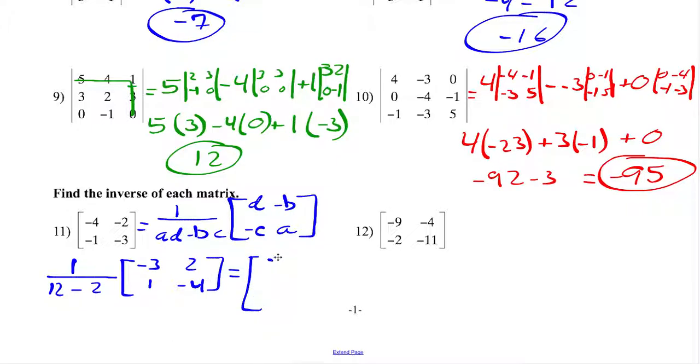So I get negative 3 tenths, 2 tenths, which is 1/5, 1 tenth, and negative 4 tenths, which is -2/5. So always reduce your fractions and watch out for stuff like that. But that is our final answer for that problem.